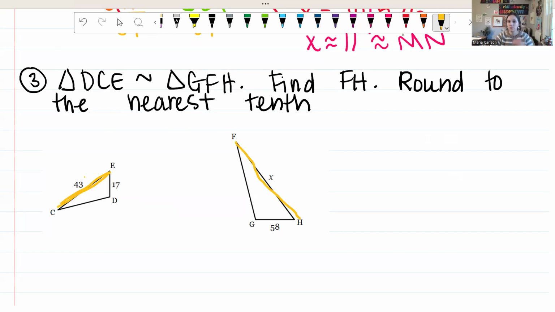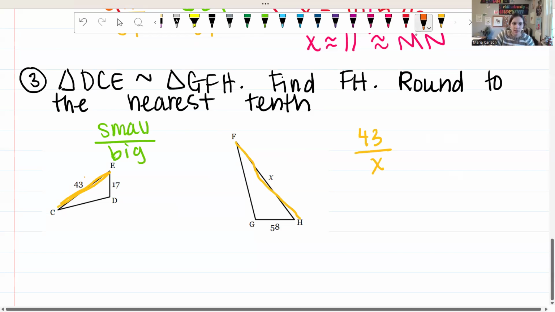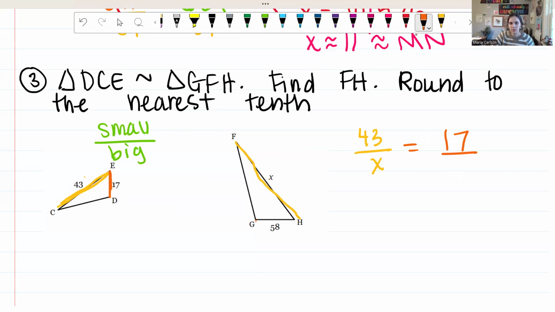So if I'm going to write the ratios here, I'm going to start with the small side length and relate that to the larger one. So 43, I am going to place over this side length FH that we don't know. And then I am going to relate corresponding side of 17 to its buddy GH, which is 58.